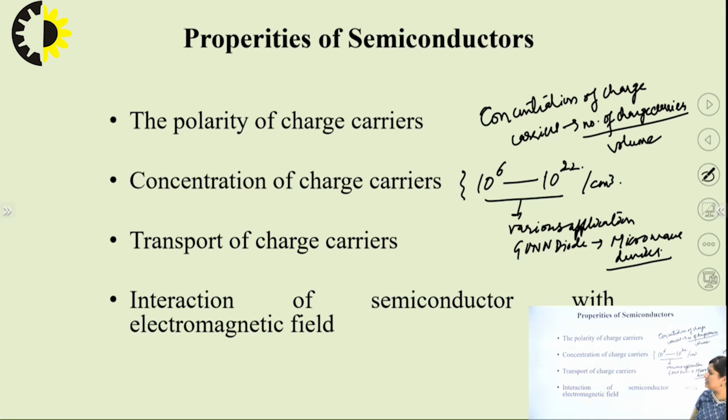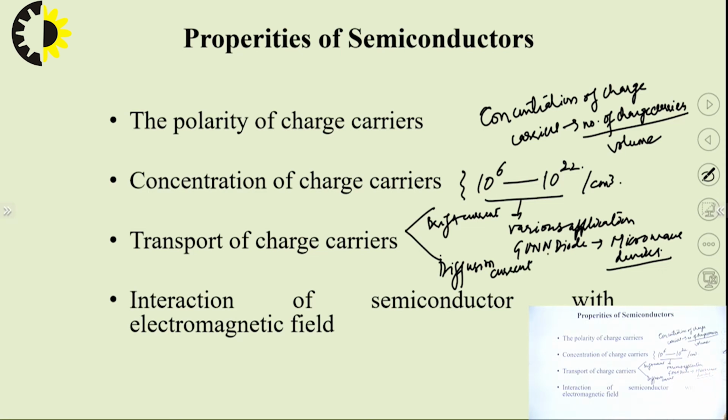The third point is the transport of charge carriers, where we have two types of currents. The first one is the drift current and the second one is the diffusion current. What is transport of charge carriers?